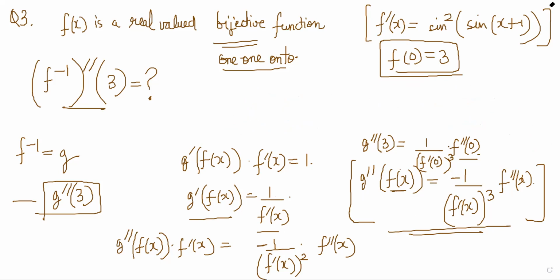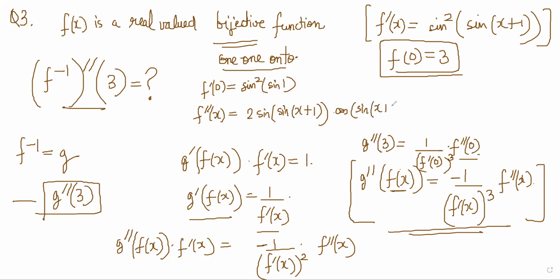Now I can put the values and get the answer. F dash 0 will be sine square sine 1, and f double dash x is actually 2 sine of sine x plus 1 into cos of sine x plus 1 into cos x.